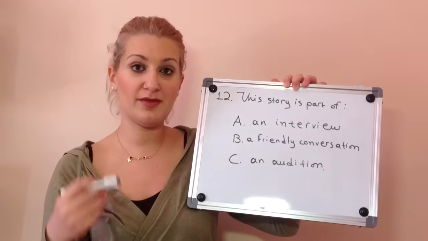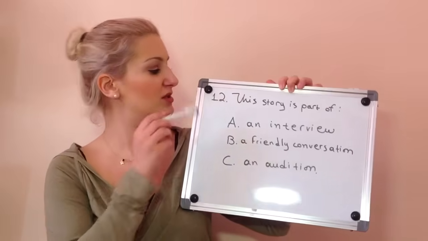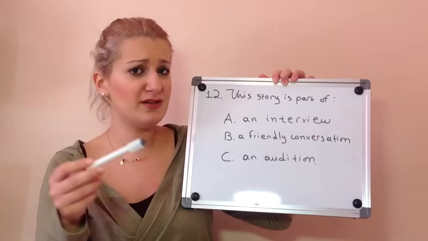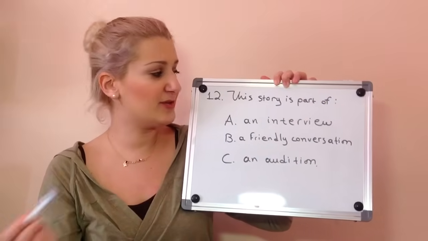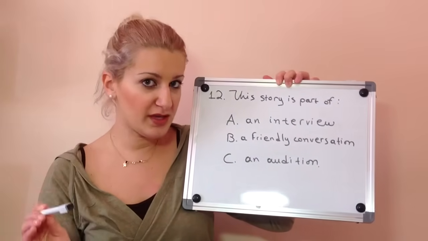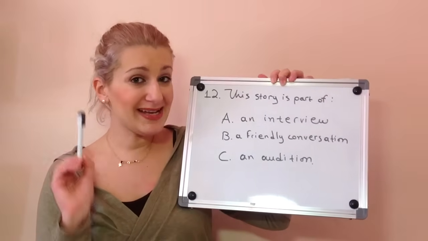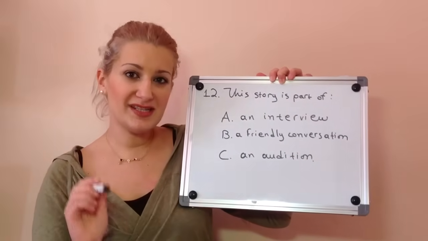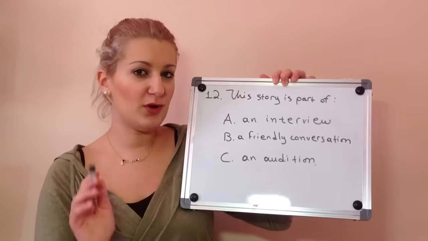Keep in mind that although the questions, question number 12, the question 13 that will follow, 14, 15, etc., will follow the order of the listening, the options do not necessarily follow that order.